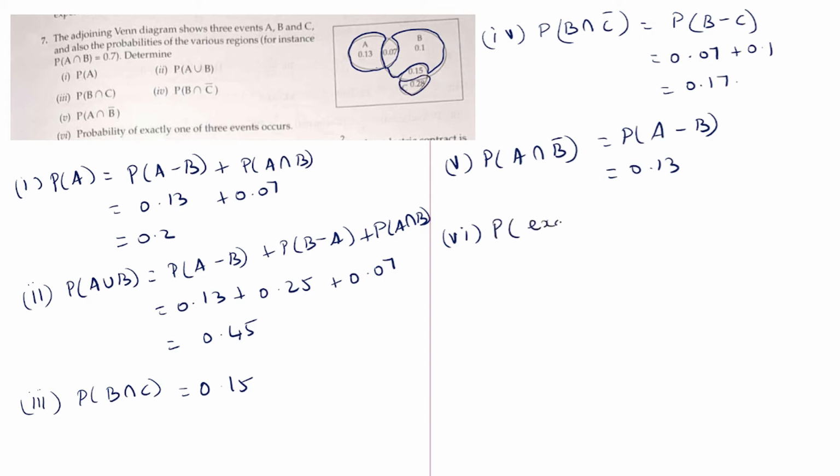So probability of exactly one of the three events occur is equal to 0.13 plus 0.1 plus 0.28.